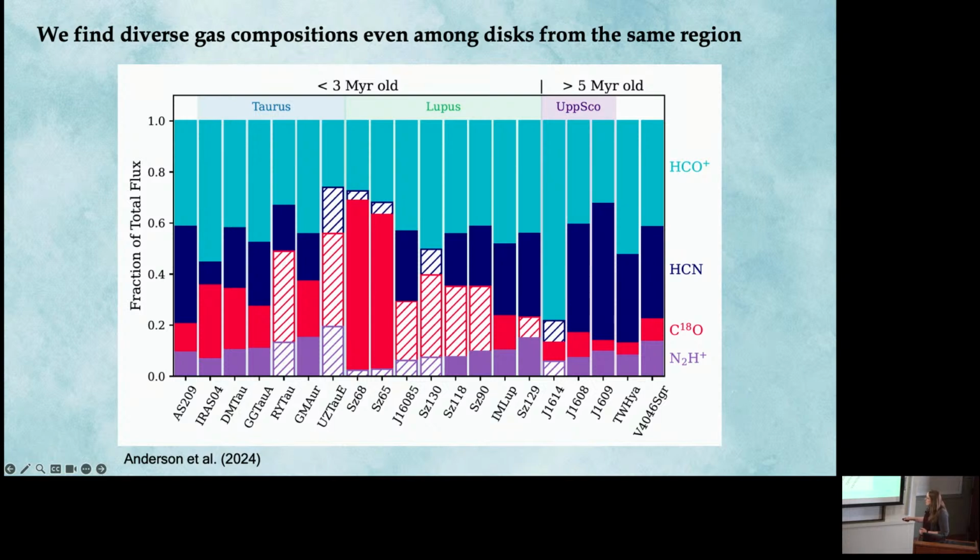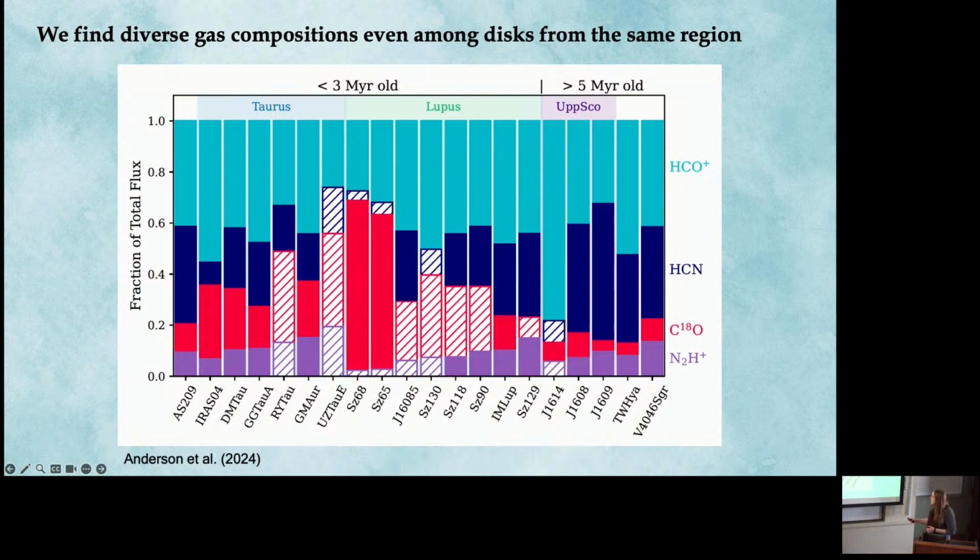And here again, I've divided up into the different star-forming regions, with the younger disks on the left and older ones on the right. And overall, just looking at this plot, again, we're seeing, even with these small sample sizes, a wide variety of diversity. So if we look at this Lupus star-forming region highlighted in green here, we have these two disks which have a very high amount of CO relative to the other tracers.